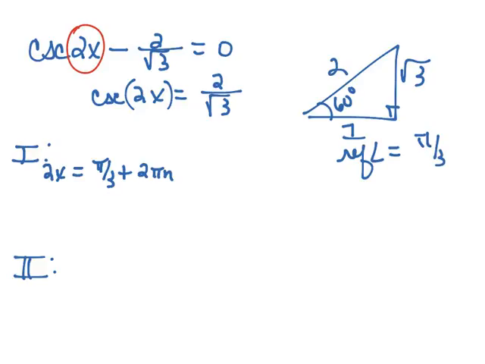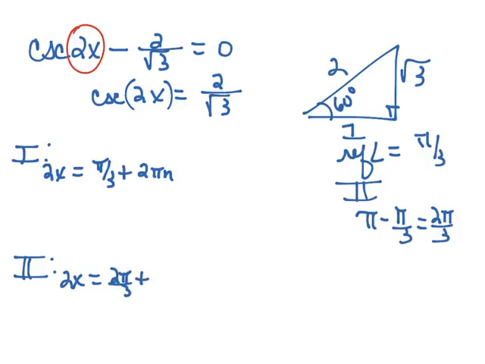And then in the second quadrant, our 2x would be equal to, if you have a reference angle in the second quadrant of pi over 3, you would subtract that from pi to get 2 pi over 3. So our second quadrant angle would be 2 pi over 3. And then to get the angles coterminal, we would also add plus 2 pi n in.